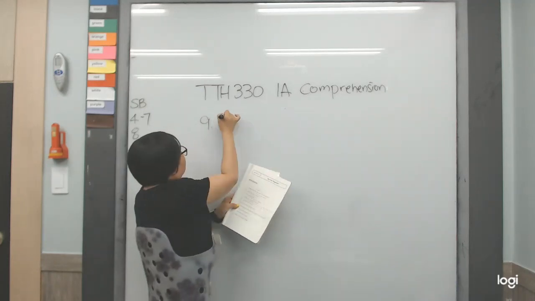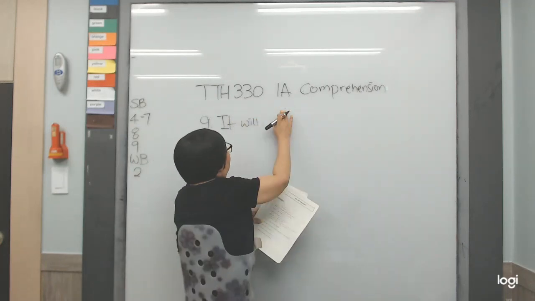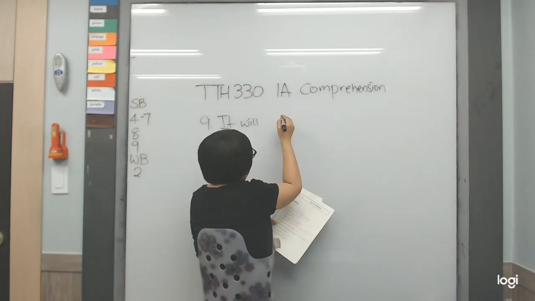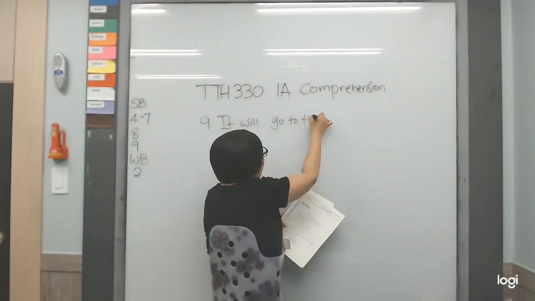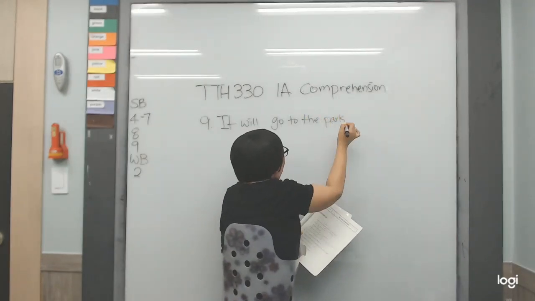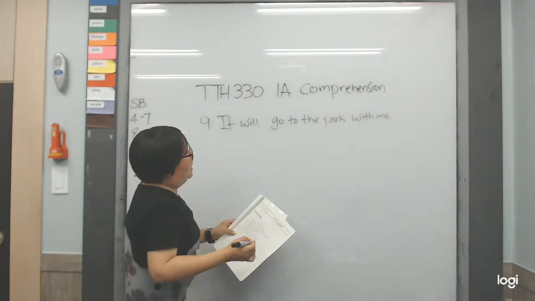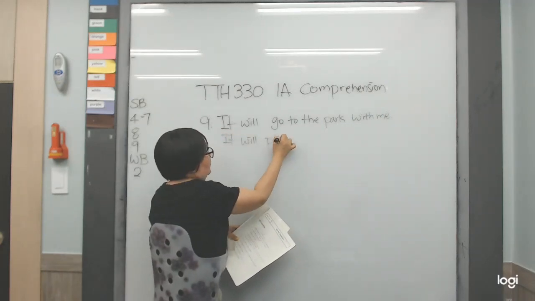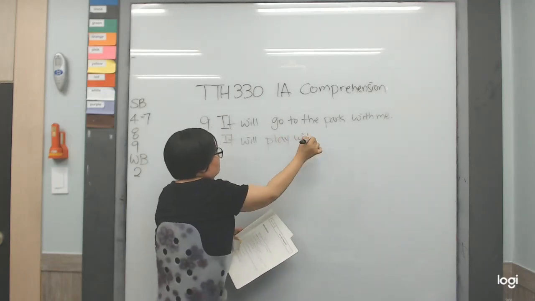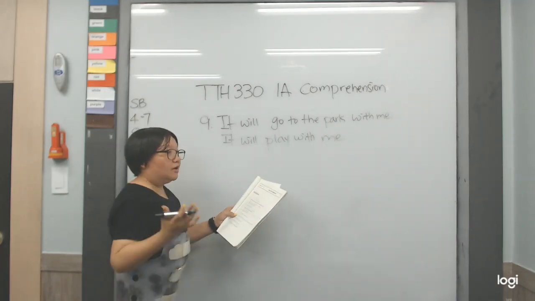It will go to the park with me. Maybe you can say, it will play with me. So think about something that the animal will do.